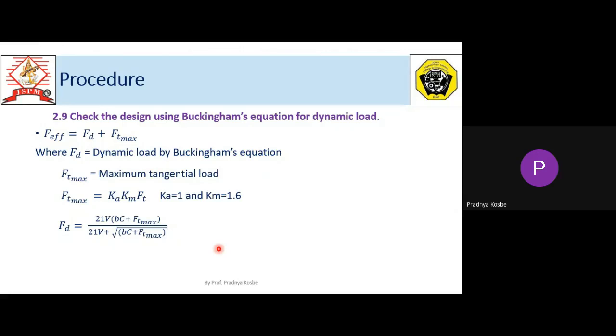So once the design is safe under these conditions, then we'll take that module as the correct module, and then we'll find out the dimensions of the gear.